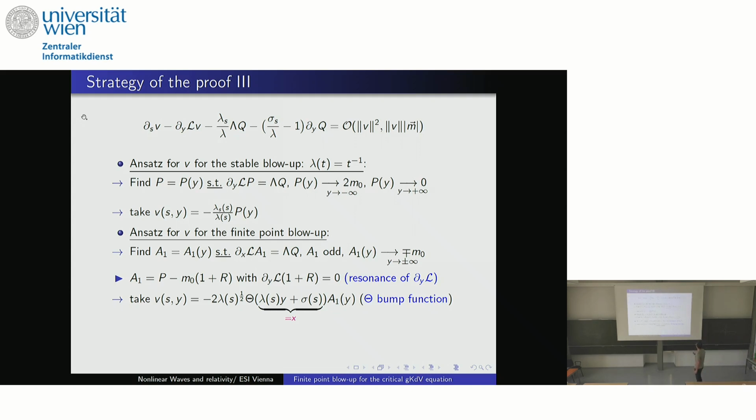But actually, what we do is that we multiply this a1 by a bump function, which is localized in x. So it is centered at minus sigma over lambda, and minus sigma over lambda, in our case, is still large, but smaller than lambda, so it's somewhere here. So what we add is something like this, but then it's multiplied by y.